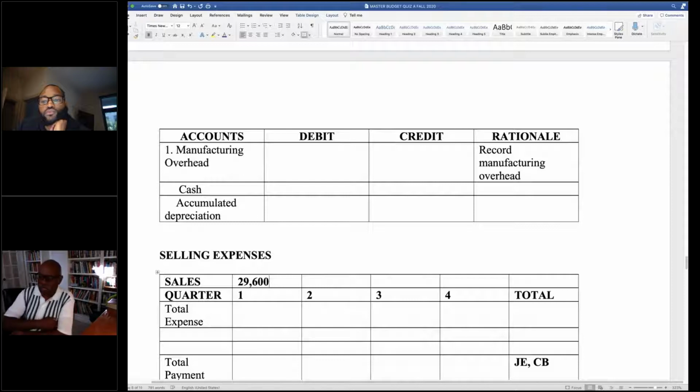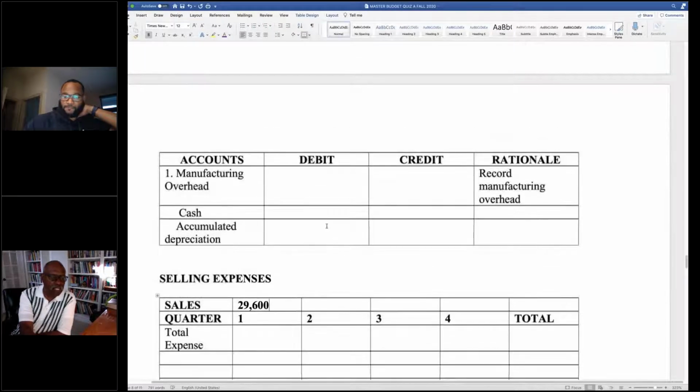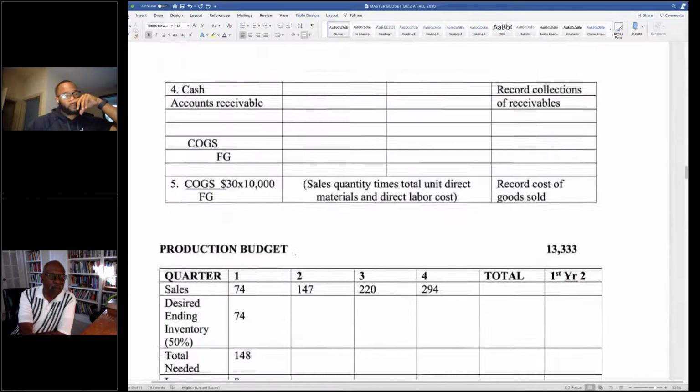What was our selling commission rate? What did the assumption say for selling expenses? What's the rate? Before we get to that, is this all per the assumptions? The sales, we just go up to the sales budget.